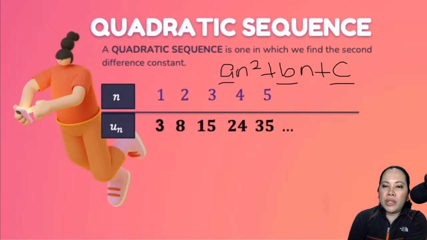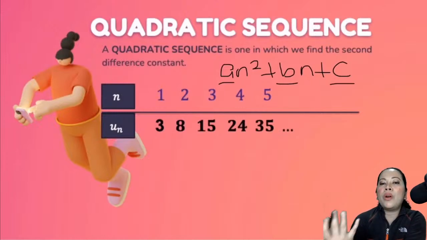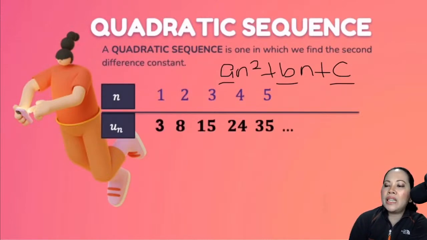The same as with your quadratic expression, it is to the power of 2. So that is the general form of a quadratic, and the same goes for the sequence: an squared plus bn plus c.